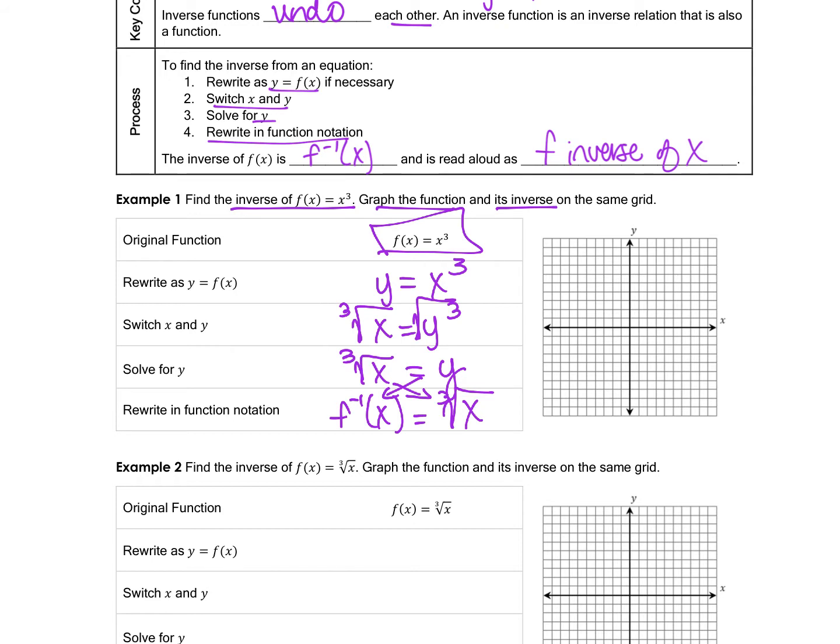So I'm going to graph this one first. Remember, we plugged in -2, we got -8; -1, -1; 0, 0; 1, 1; and 2, 8. So there's my function f. And then graphing cube root of x, we know that one too. That is -8, -2; -1, -1; 0, 0; 1, 1; and 8, 2.